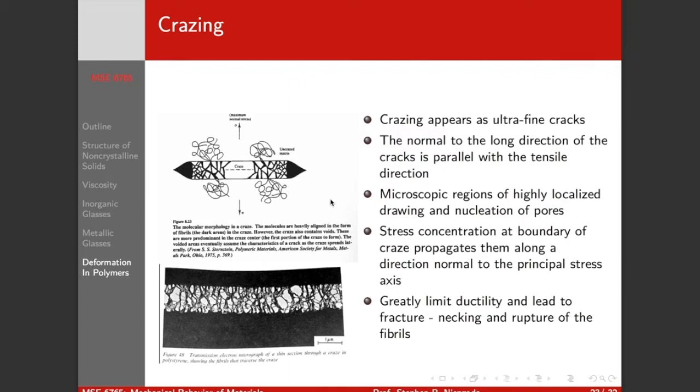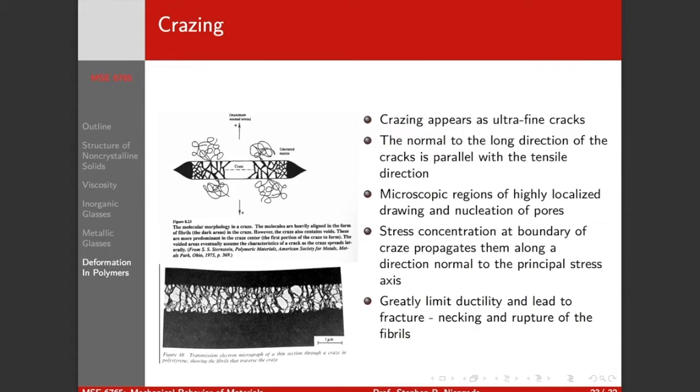Another mechanism is crazing, right? And crazes are really ultra fine cracks, where the long axis of the crack is parallel to the tensile direction. So it's this microscopic region of highly localized drawing and nucleation of pores. So here's our loading direction in this picture. And basically what you have are these filaments that are highly drawn.